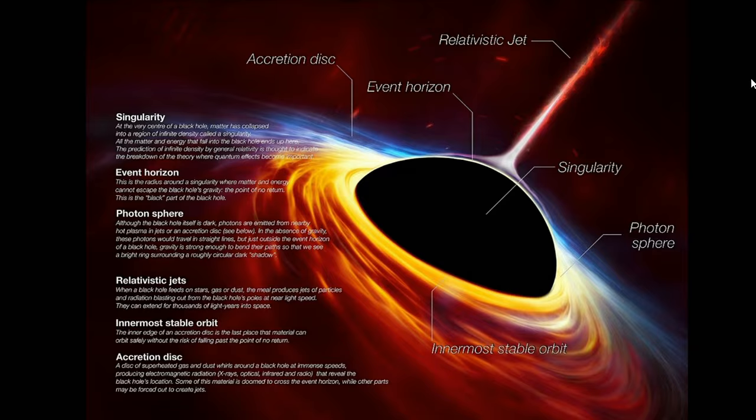Maybe we'll start from the center and work our way out. The center of the black hole is perhaps the most controversial area, because this is really where our physics breaks down. We have quantum mechanics, which tells us how things in very small regions behave, and then we have general relativity, which tells us how things with mass behave.